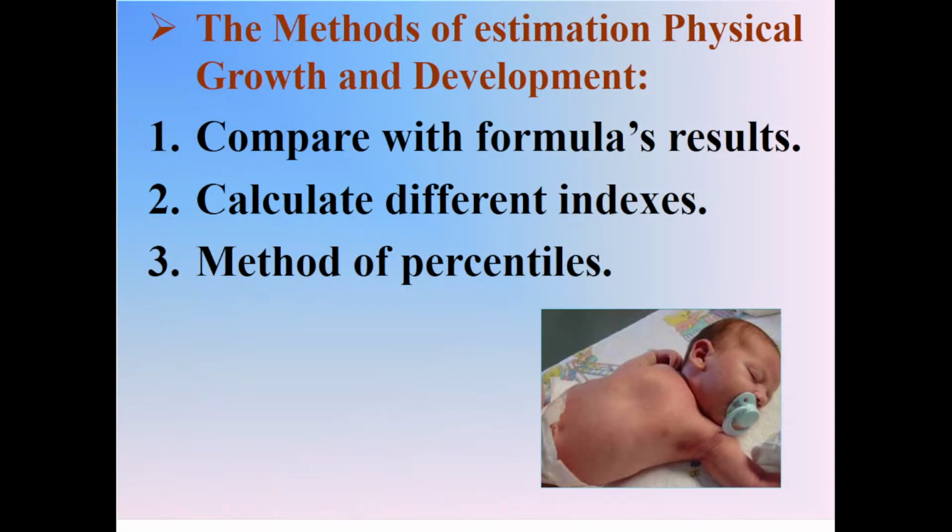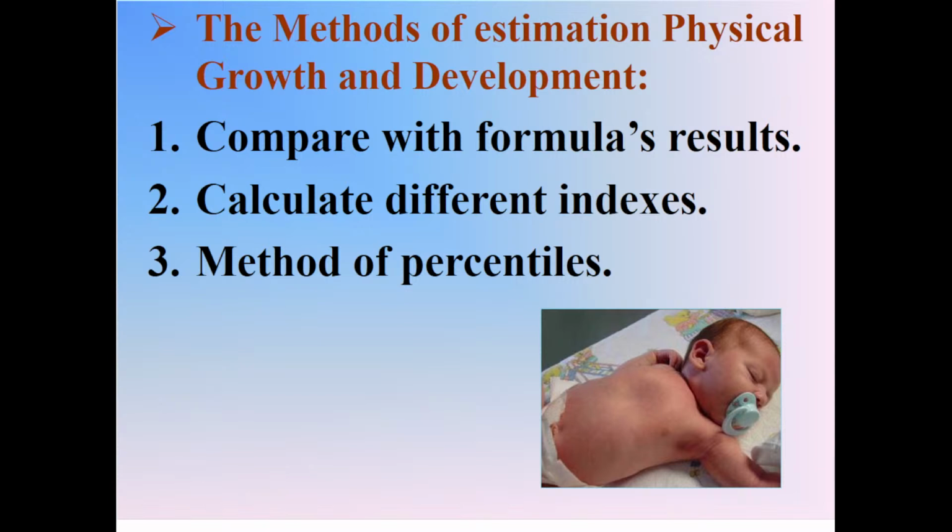The methods of estimating physical growth and development. We have different variants. The first is comparison with formula results. We have specific empirical formulas to calculate how height, weight, and other parameters of the body must be at different ages.